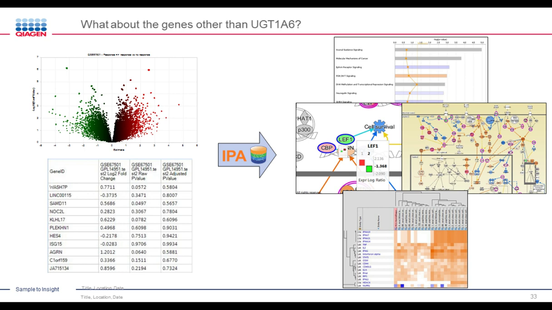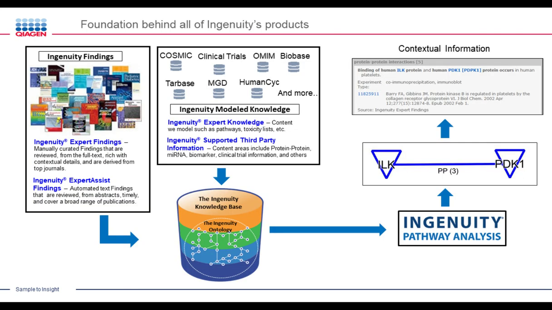But all of these things are only possible because of the database that's backing IPA, and this is what we call the knowledge base. In this knowledge base, our PhD level curators have curated information from peer-reviewed publications, and they have also curated information from third-party data sources.